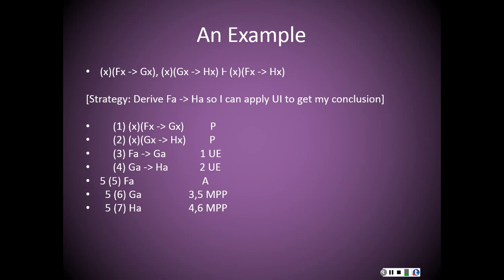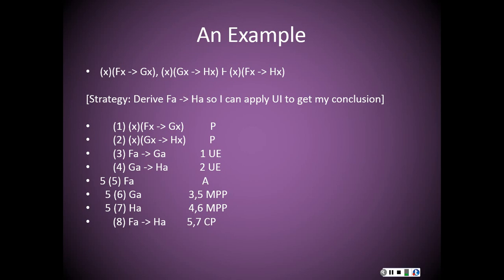So now I back up and consider what my previous goal was. My previous goal was to get the conditional if FA then HA. So I can get that by discharging the assumption that I made on line 5 by applying conditional proof to lines 5 and 7. Okay, now I'm almost done. I have this conditional if FA then HA.